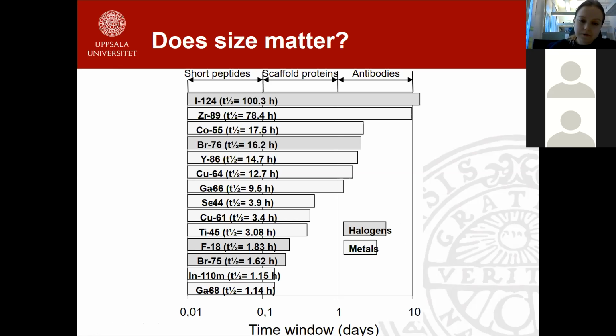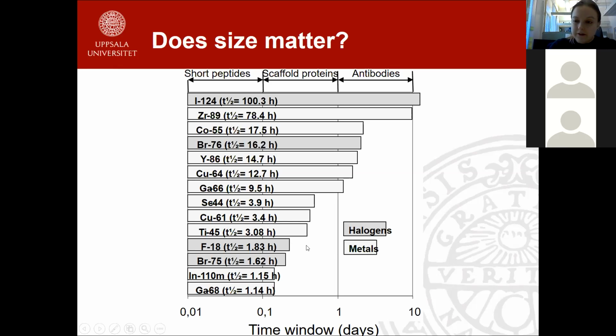So there we have chlorine, fluorine, iodine, bromine, and astatine. So in the darker gray, we can see here radiohalogens such as iodine, bromine, fluorine, and the labeling chemistry for them is totally different from radiometal chemistry.